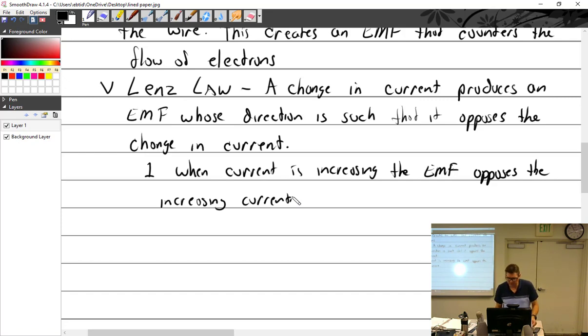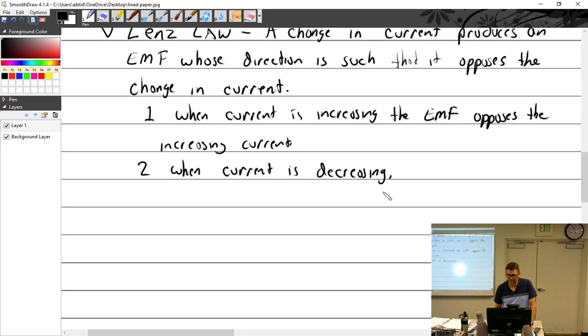And when current is decreasing, the EMF tries to keep the current from doing that. I should say counter EMF, really. Counter EMF, that makes more sense. Counter EMF tries to keep or opposes the decreasing current.